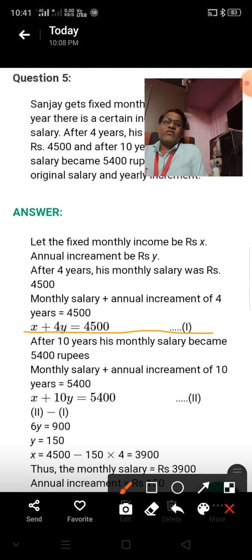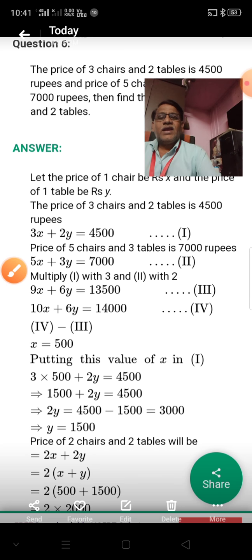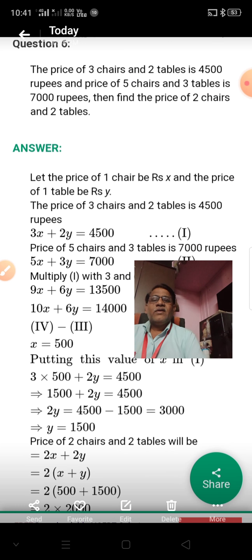In this way you can find out the fixed monthly salary and also the yearly increment. So now come to the next, question number 6.